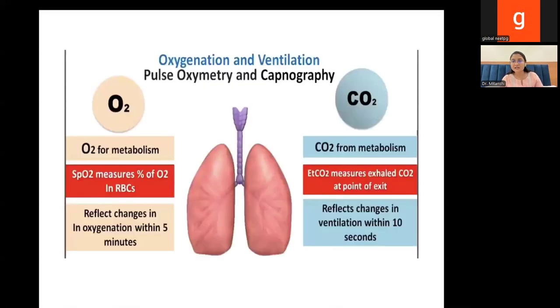The concept arises because of the way we monitor oxygen through pulse oximetry, that is, for seeing the saturation in our RBCs and seeing how the oxygenation is being affected at a cellular level. The same way, we have to monitor CO2 levels also for metabolism, especially when you are giving general anesthesia to the patient.